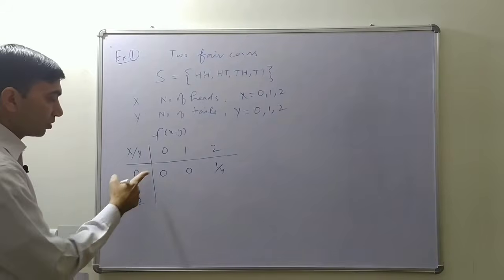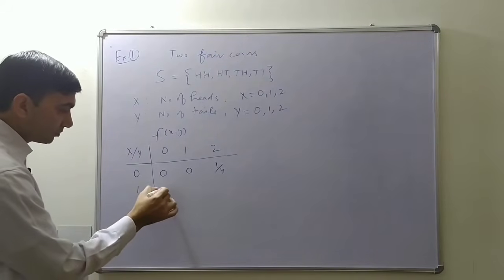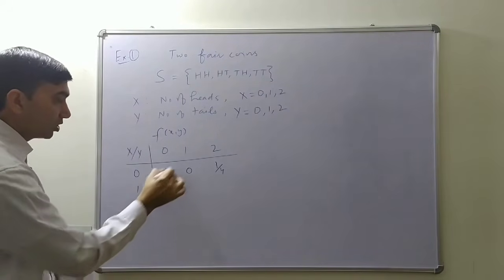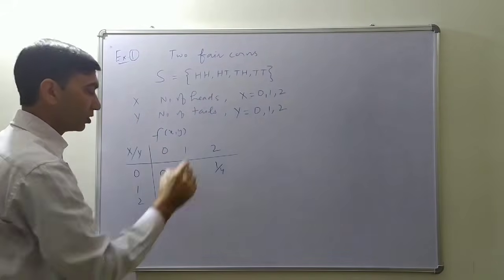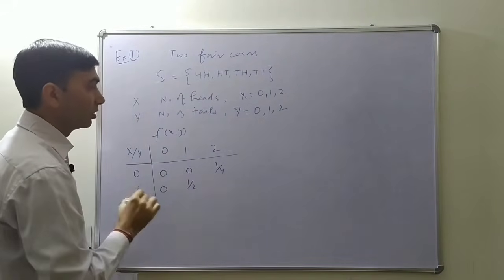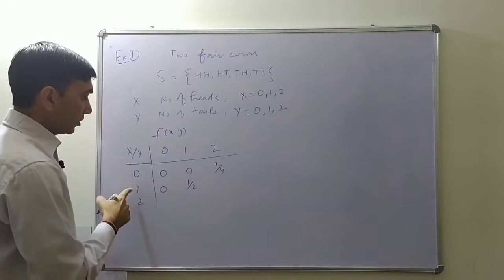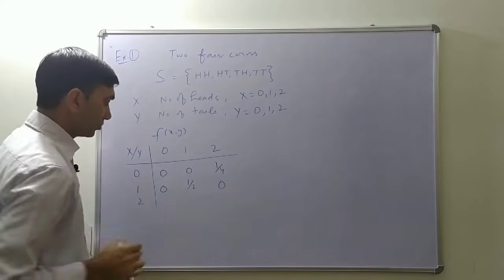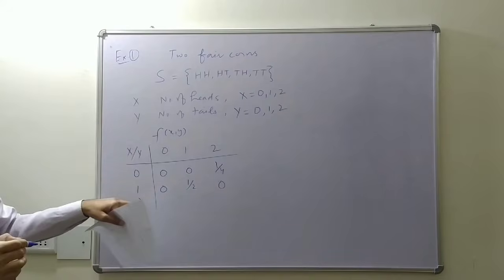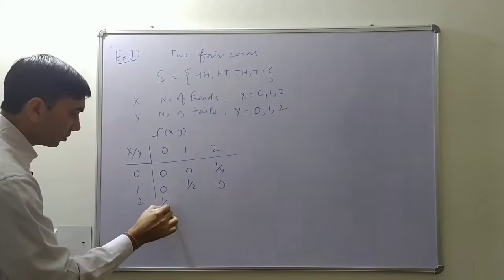Similarly, what is the probability corresponding to 1, 0? It's 0. 1, 1, 1 head, 1 tail. These two cases, probability is 1 by 2. Probability corresponding to x 1 and y 2 is again 0. Similarly, you can think probability of getting 2 heads, 1 by 4.